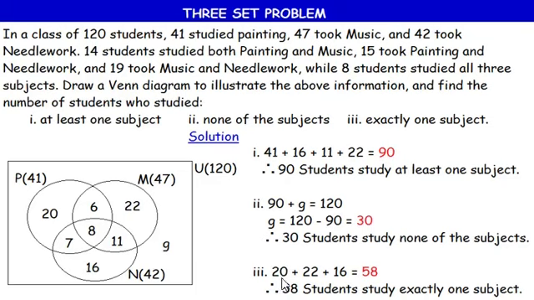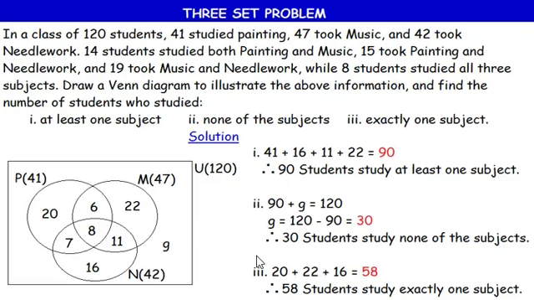Okay, so 20 plus 22 plus 16, because 20 offer painting only, 22 offer music only, 16 offer needlework only. So the total of these three will be the number of students who offer exactly one subject, and the total is equal to 58, right? So 58 students study exactly one subject, right?